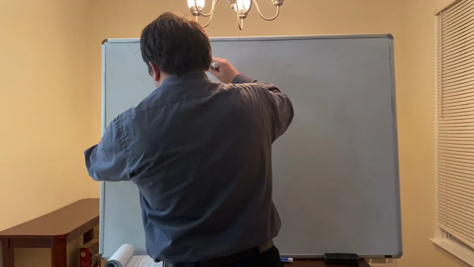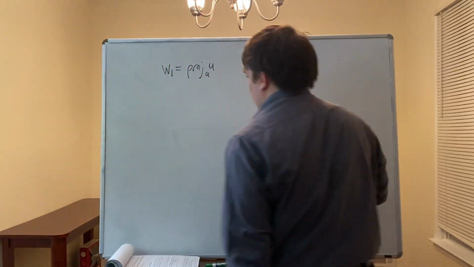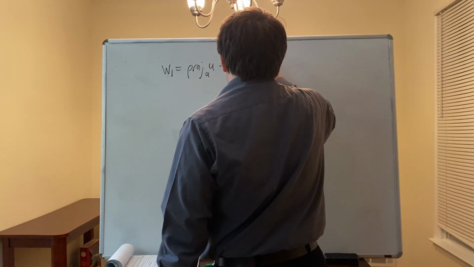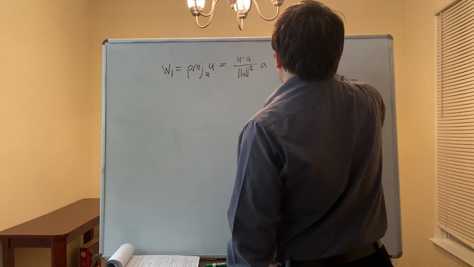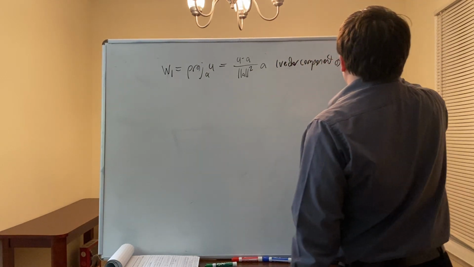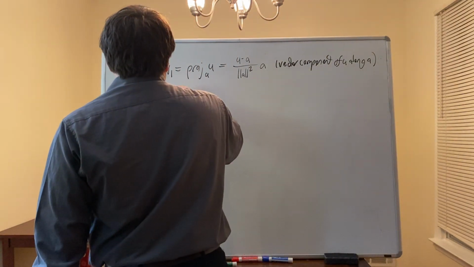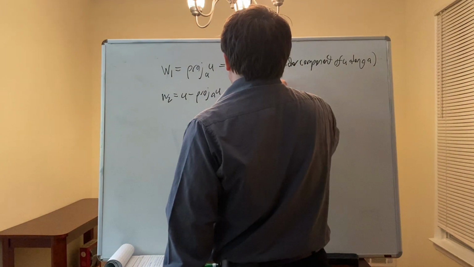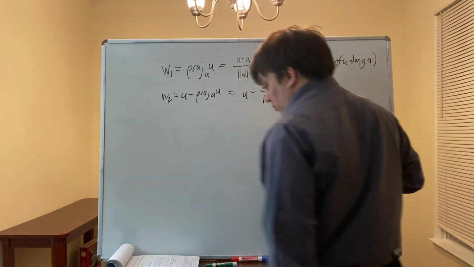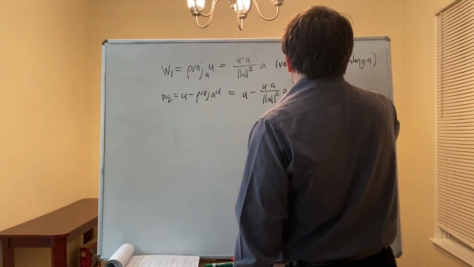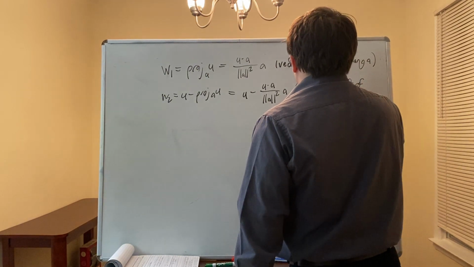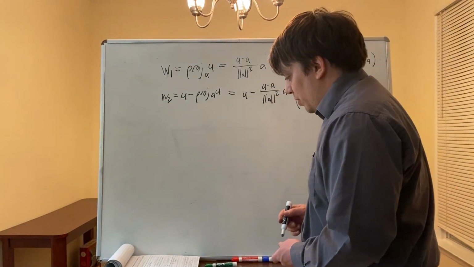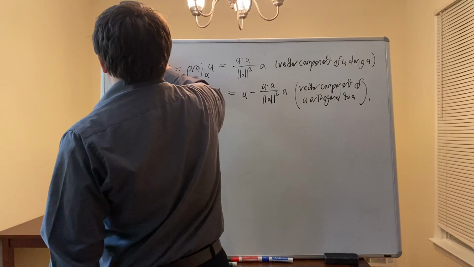W1 is the projection of U onto A. Its equation is U dotted with A over the norm of A squared, times A. This is the vector component of U along A. And W2 is equal to U minus the projection of U onto A, which is U minus U dot A over the norm of A squared times A. This is the vector component of U orthogonal to A. So that's W1 and W2. This is equation 10 in this section, and this is equation 11.